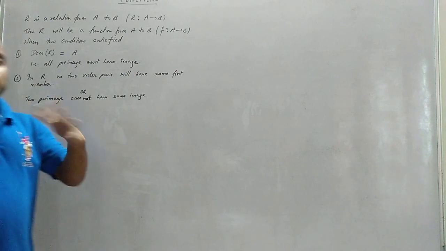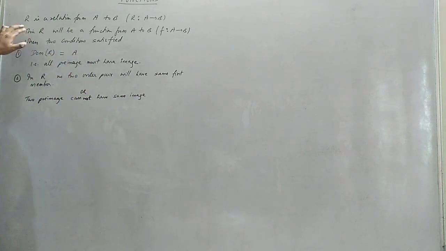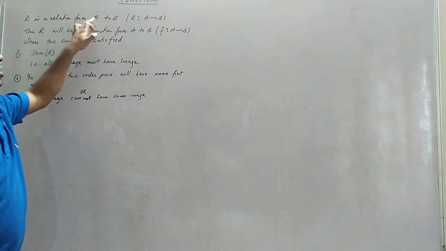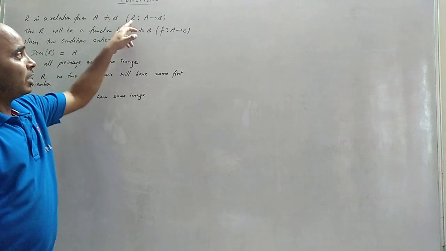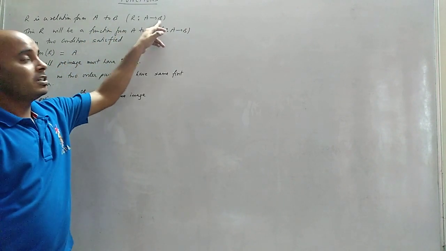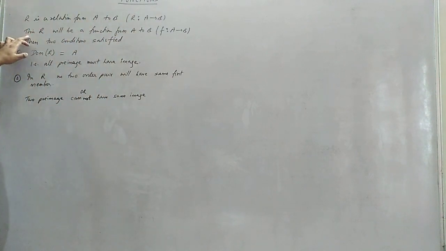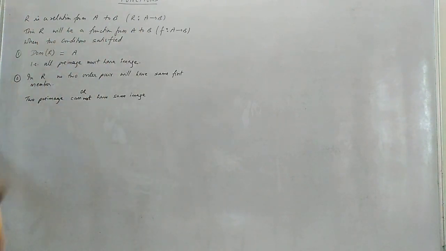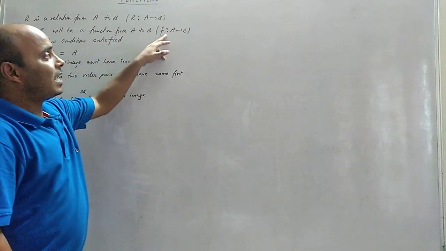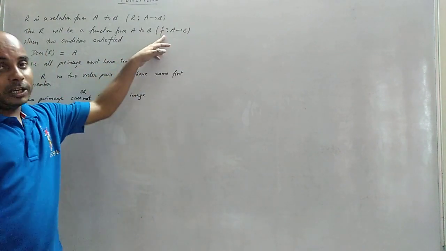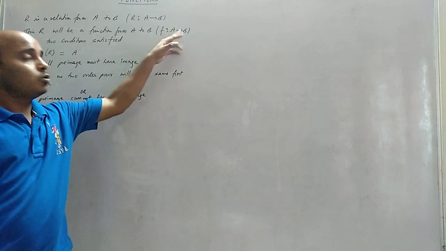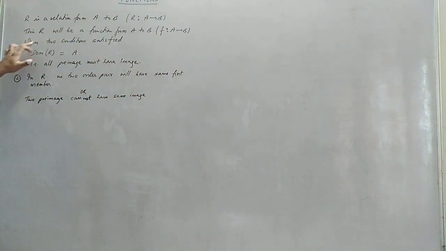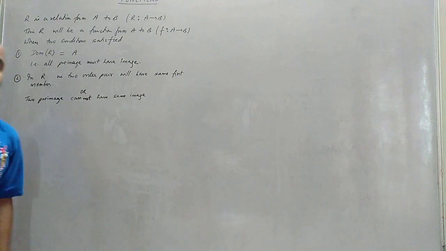If I say R is a relation from A to B, that means in mathematical form I write R such that A arrow B, that is A to B. That R, that relation, will be a function from A to B. उसी R को हम function बोलते हैं A to B. So f such that A to B, f will be a small letter, A arrow B, when 2 conditions are satisfied.